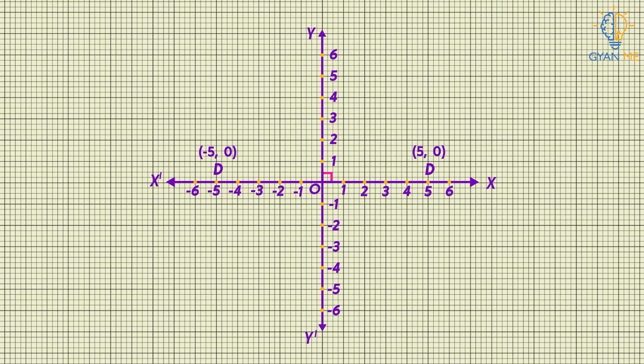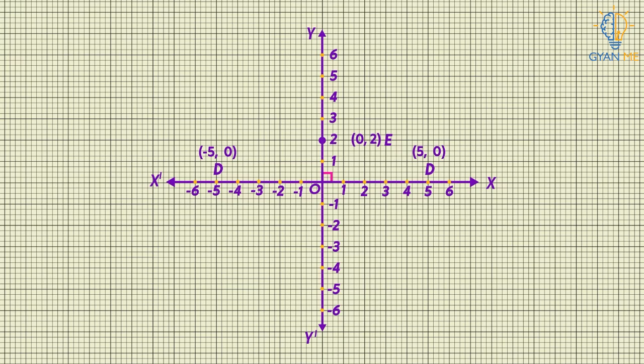Similarly, if point E has a location (0, 2), can you find out which axis it will be on? Yes, it will be on y-axis at 2 units, as its x-coordinate is 0. Can you guess the coordinates of its reflection on y-axis?